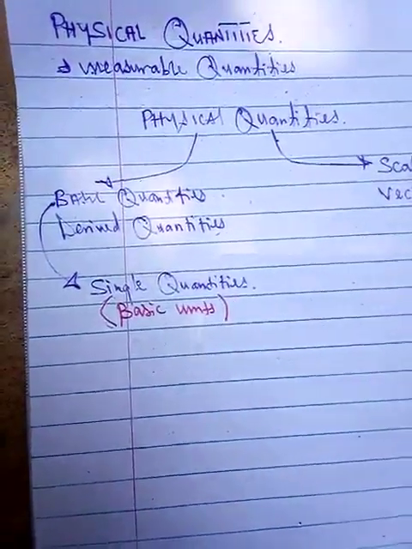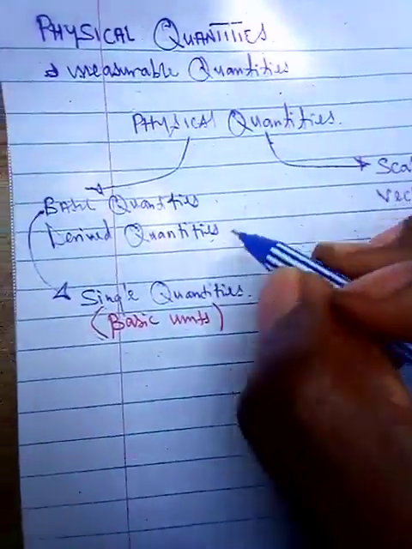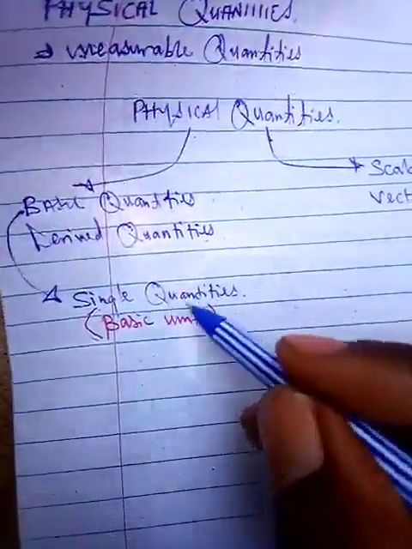Derived quantities, on the other hand, are just the opposite of basic quantities.